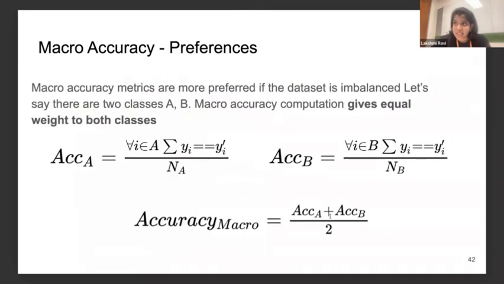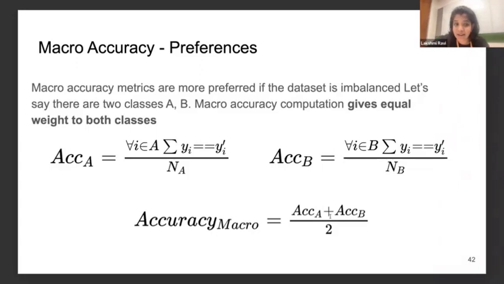So macro accuracy. As we saw, the imbalanced classes mean you can't simply say that you met the classification accuracy by just looking at the metric. So giving both the classes equal weight is what macro accuracy stands for. Recall and precision is also a way to do that.